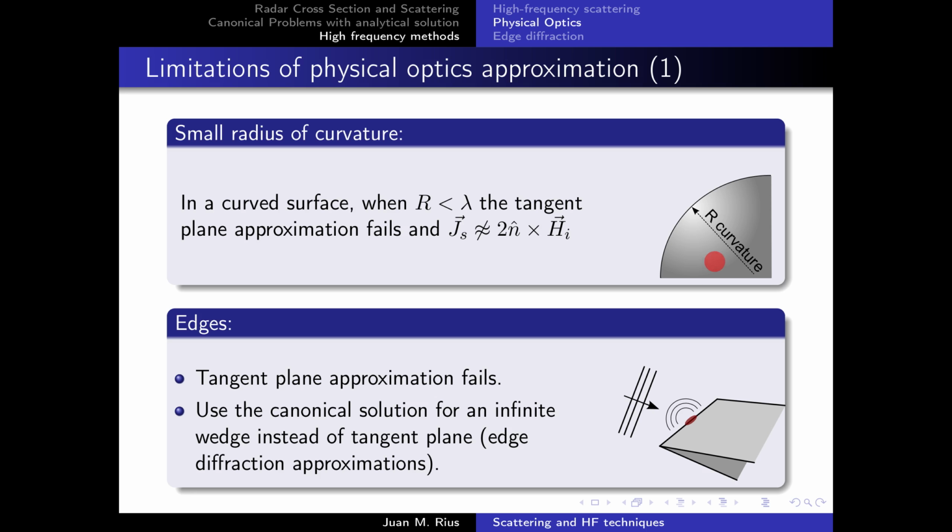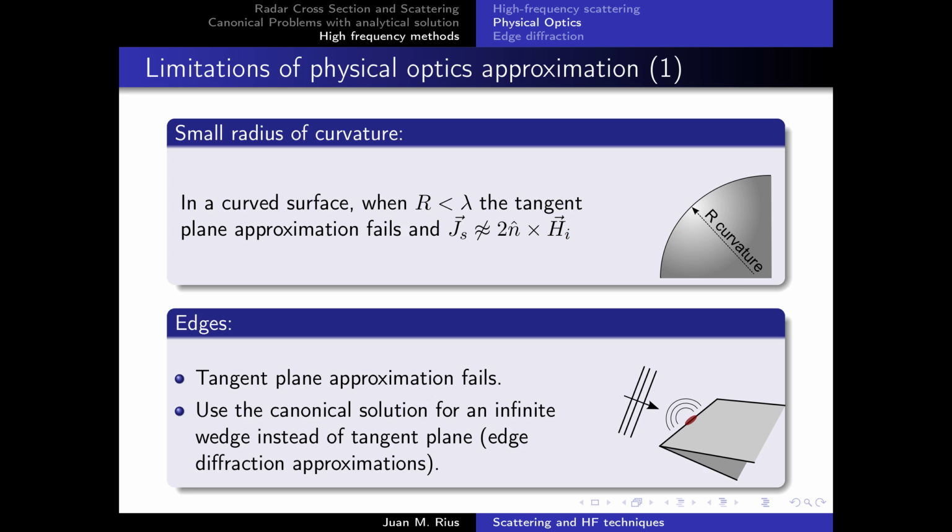So first, we need a surface of large radius of curvature compared with lambda. Second, it will fail at edges because we are using, again, I repeat, the tangent plane approximation.